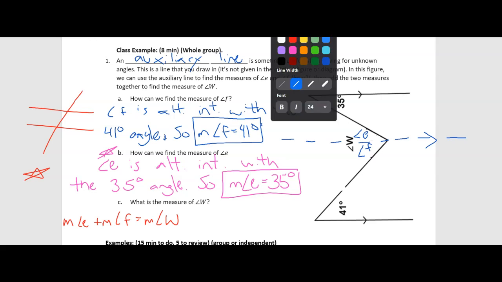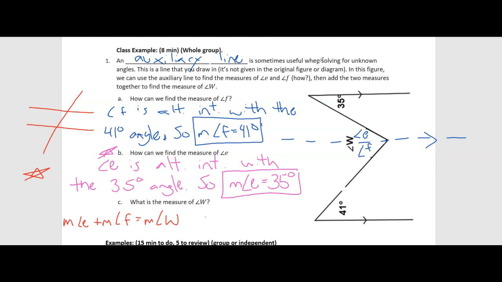Let's go with green. So we have 35 degrees plus 41 degrees equals the measurement of angle W. And then the measurement of angle W is going to be equal to 76 degrees.